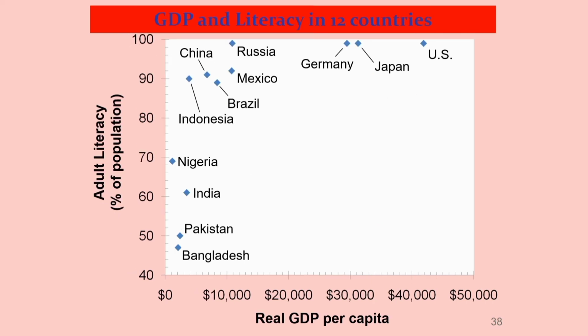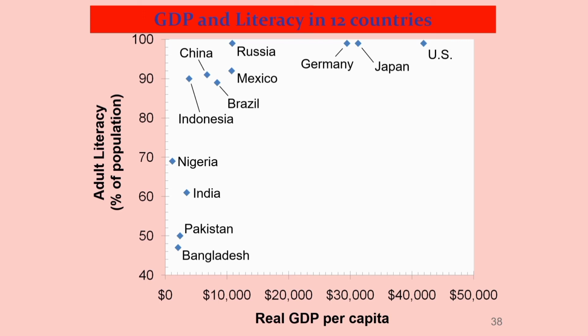Another is adult literacy versus real GDP per capita. If we compare countries, GDP and literacy are positively related.